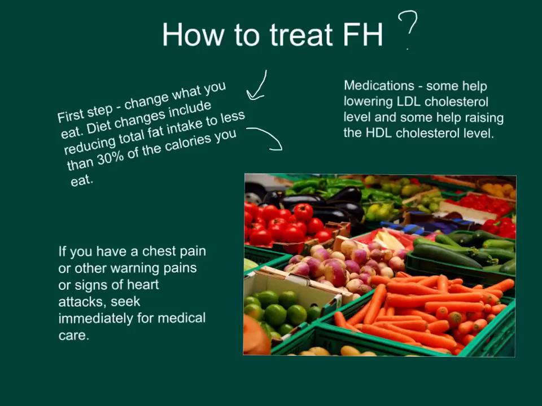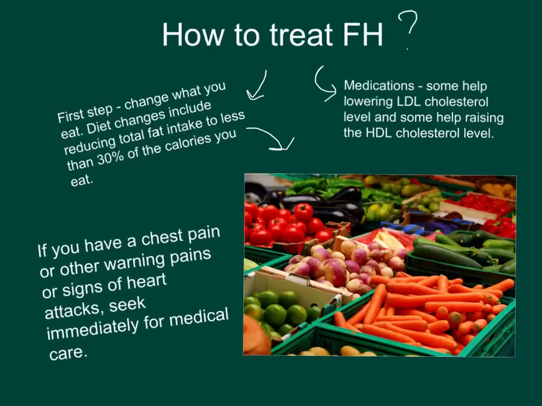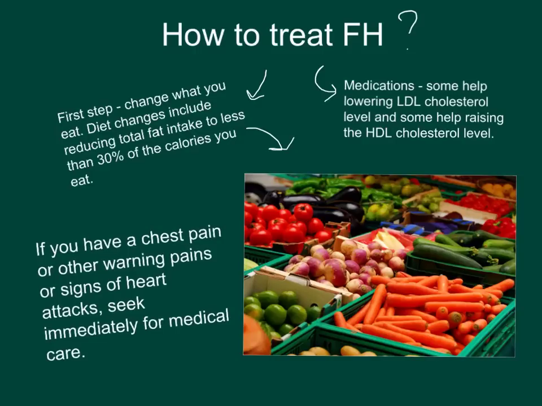So, for example, eat more veggies, fruits, and that kind of healthy food. Then medication. Some help lowering LDL cholesterol level, and some help raising the HDL cholesterol level. And if you have chest pain or other warning pains or signs of heart attacks, then seek medical care immediately.